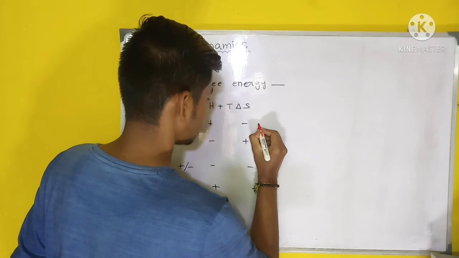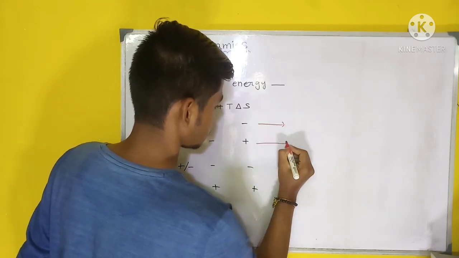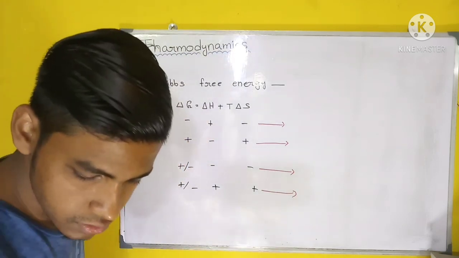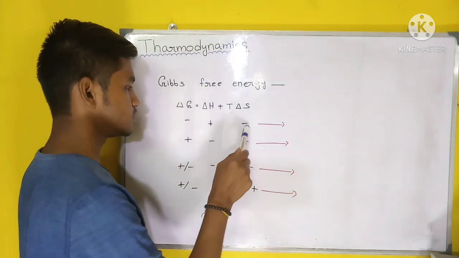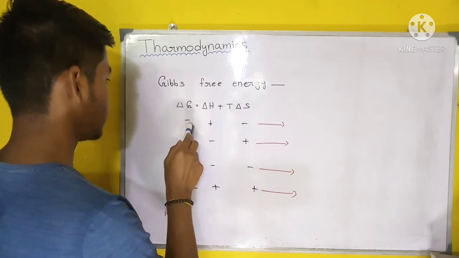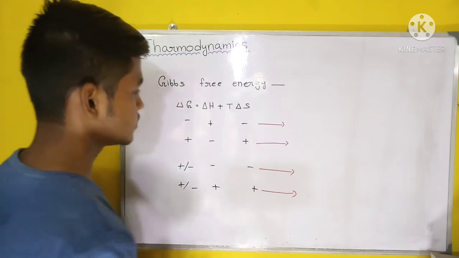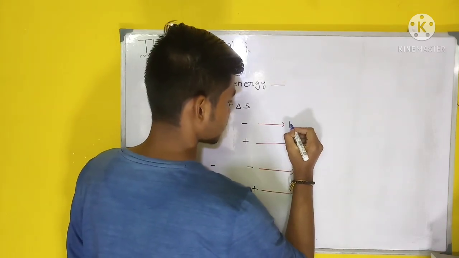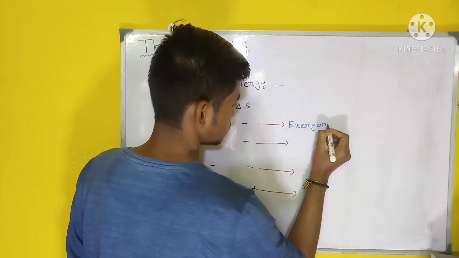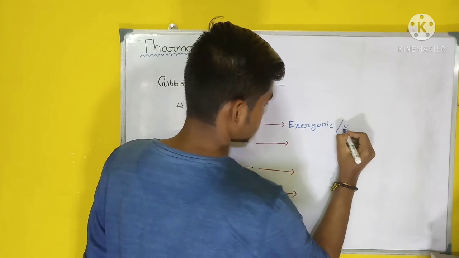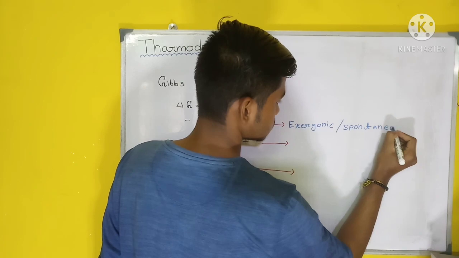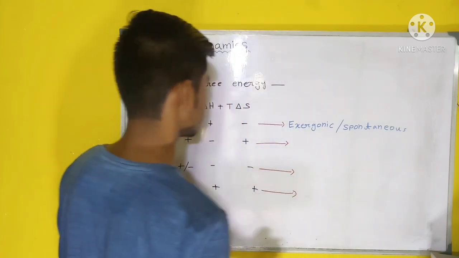Suppose this is positive, this is negative, that means enthalpy positive, entropy negative, and the Gibbs free energy becomes negative, that means it is exergonic or spontaneous.